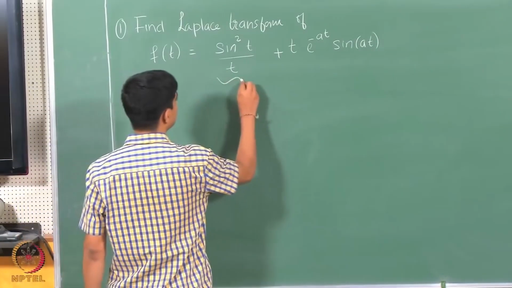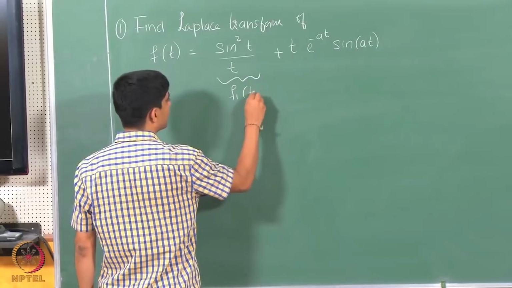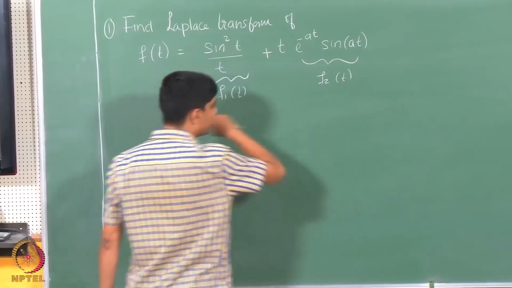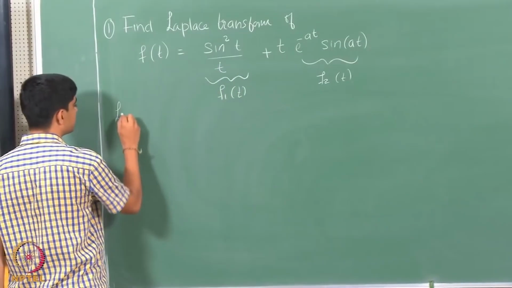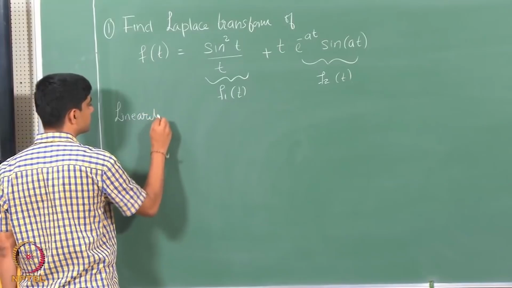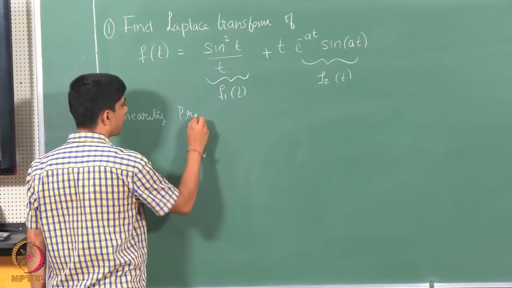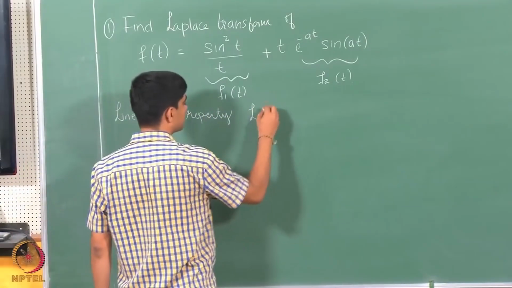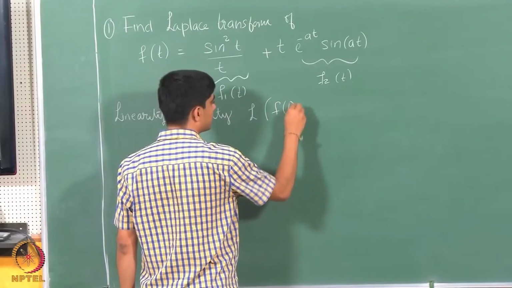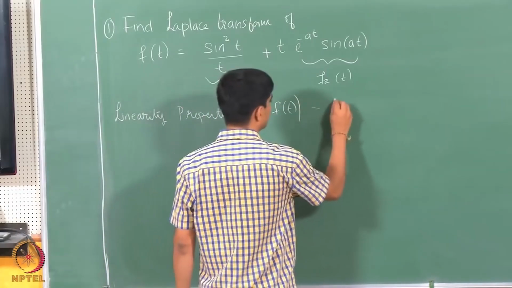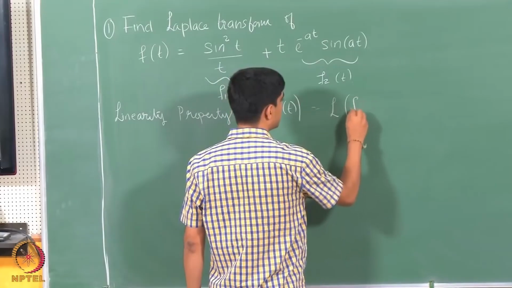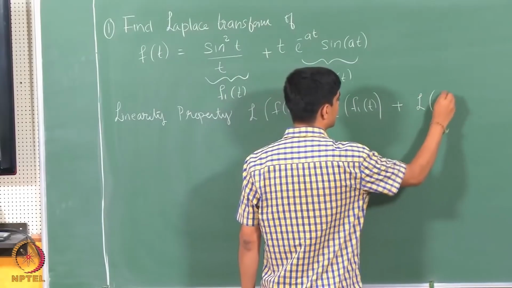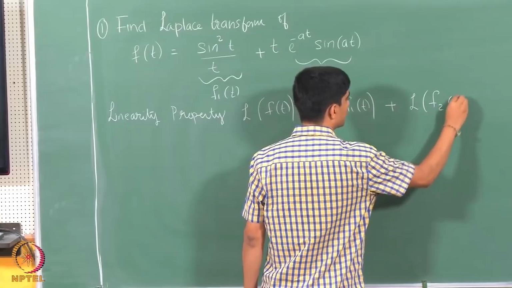So, this is a combination of two signals f1 of t and f2 of t, right, and using the linearity property, the Laplace transform of f of t can be individually computed as the Laplace transform of f1 of t and f2 of t.